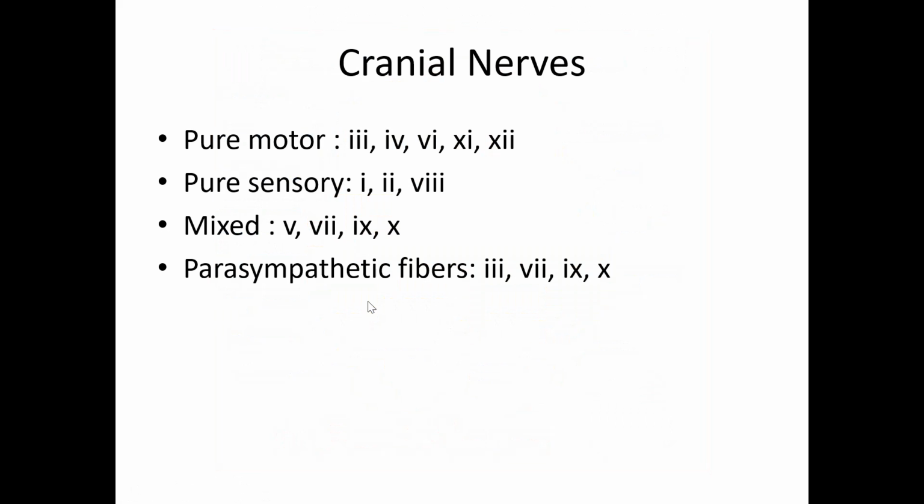What are the cranial nerves carrying parasympathetic fibers? Third, oculomotor nerve. Seventh, facial nerve, associated with salivary glands and lacrimal glands. Ninth, glossopharyngeal nerve, also has parasympathetic components. And 10th, vagus nerve, having widespread abdominal visceral parasympathetic innervation.